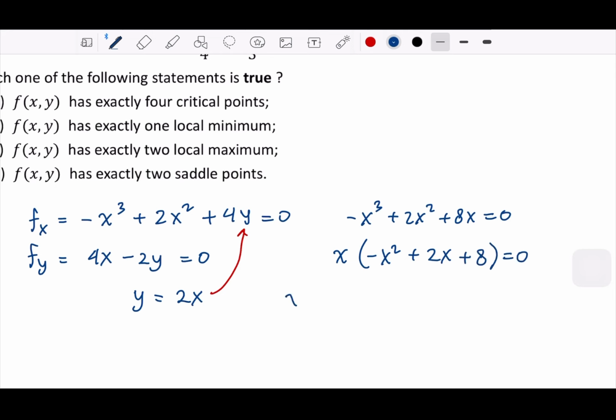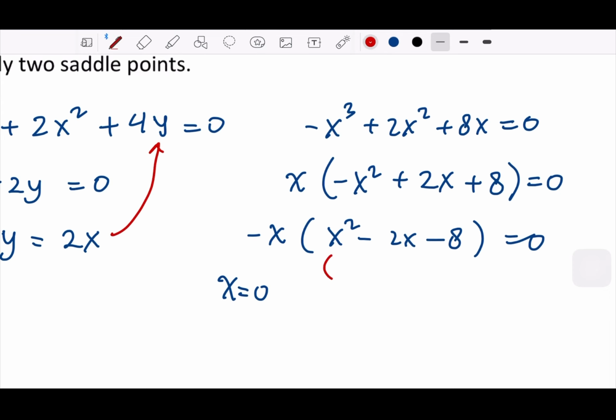Okay, so let me write negative x to make it more clear. So x equals 0, and then this will be factorized: x minus 4, x plus 2.